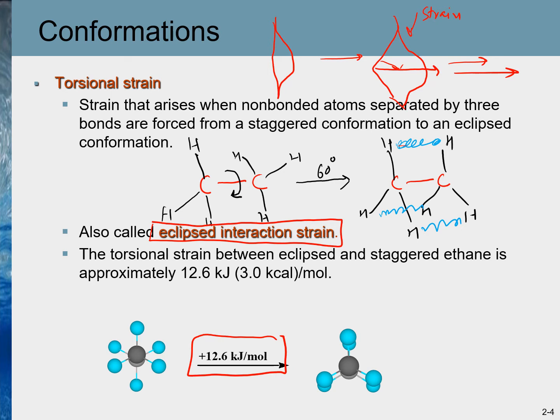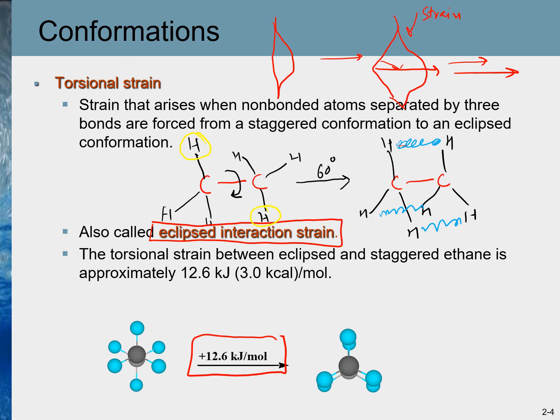The definition of torsional strain is the strain that arises when non-bonded atoms separated by 3 bonds are forced to go from a staggered conformation to an eclipsed conformation. So what do I mean by that? The meaning is that the non-bonded atoms, so this hydrogen and this hydrogen, are non-bonded to each other.